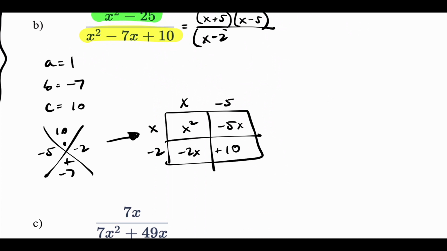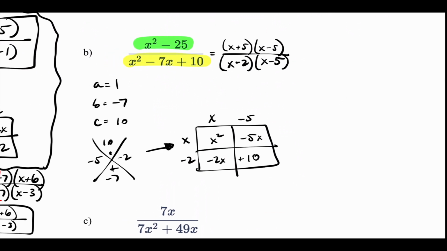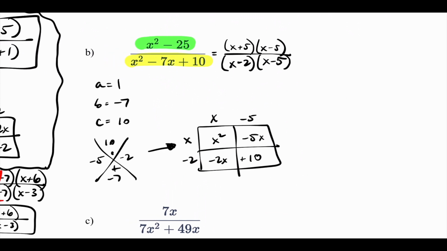So we get x minus 2 and x minus 5. Okay. x minus 5 and x minus 5. Those two binomials are exactly the same. We get x plus 5 over x minus 2.